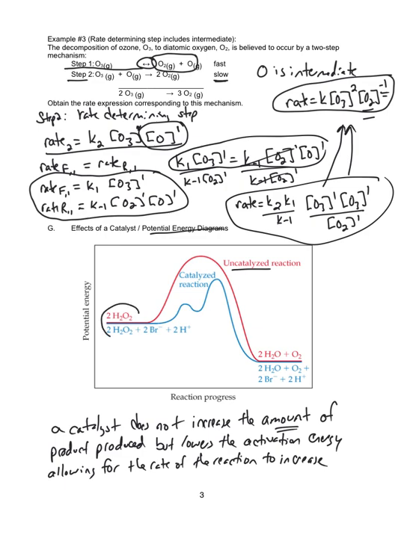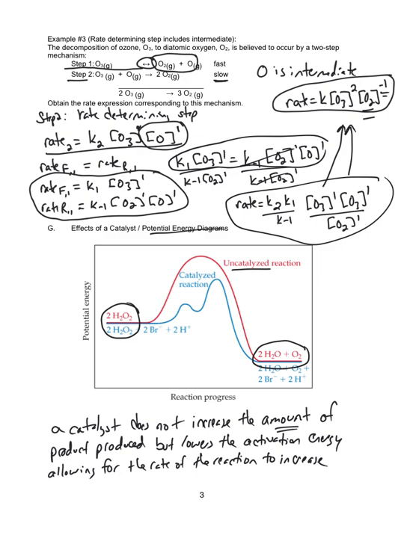You must start the catalyzed reaction in the same exact spot as the uncatalyzed reaction. The overall reaction will stay the same, even if a catalyst is added. Therefore, the reactants and products of the overall equation will stay the same. And therefore, the start and the end of the potential energy diagram will be the same.